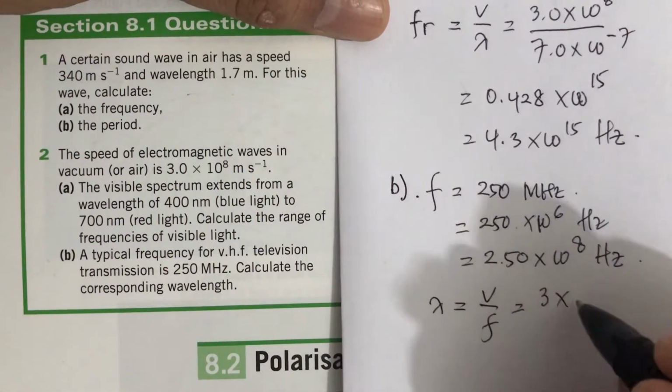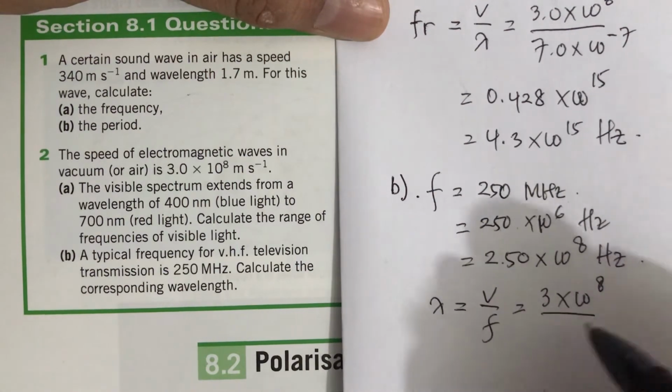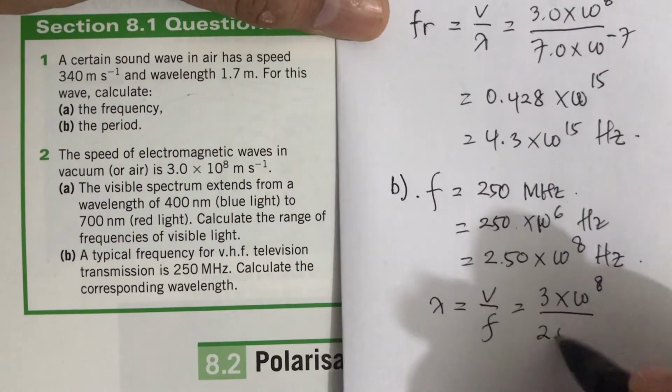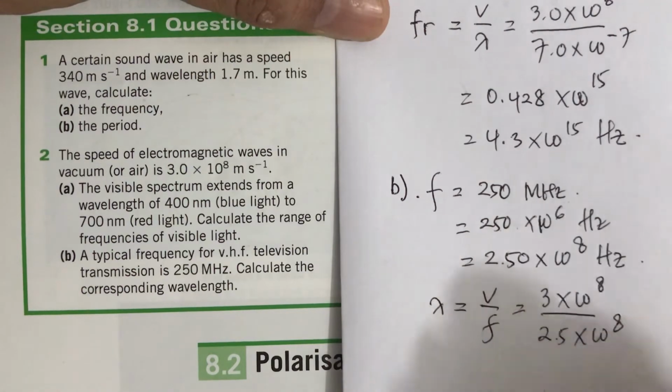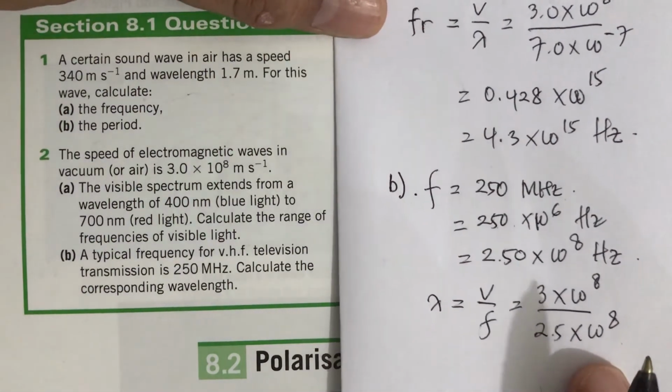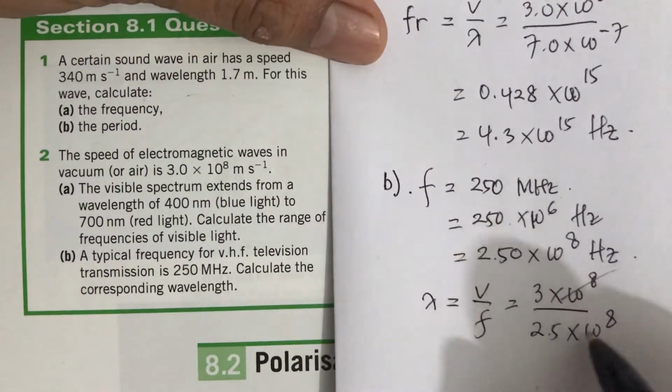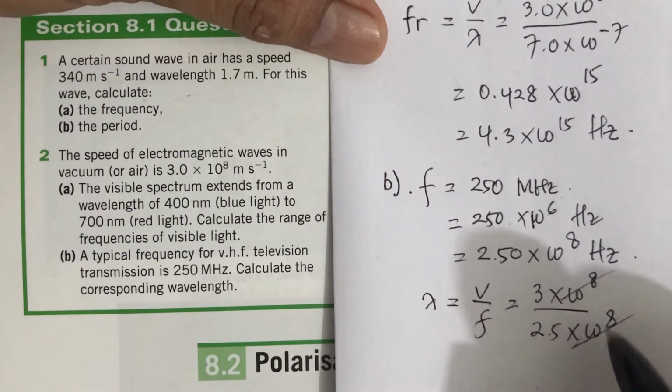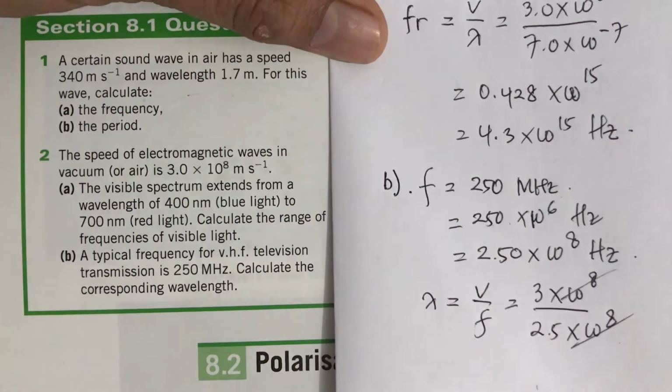We have 3 times 10^8 divided by frequency 2.5 times 10^8 also. We can cancel this: 10^8 divided by 10^8 equals 1. So 3 divided by 2.5. I think we need a calculator.